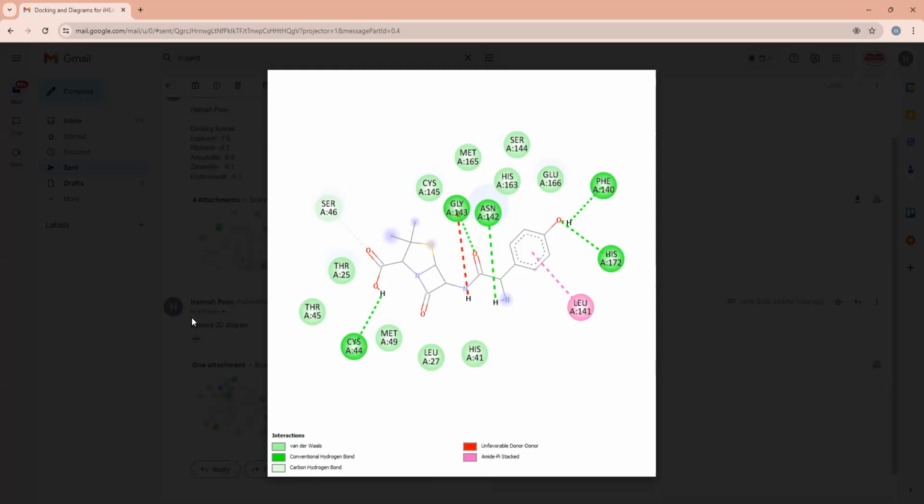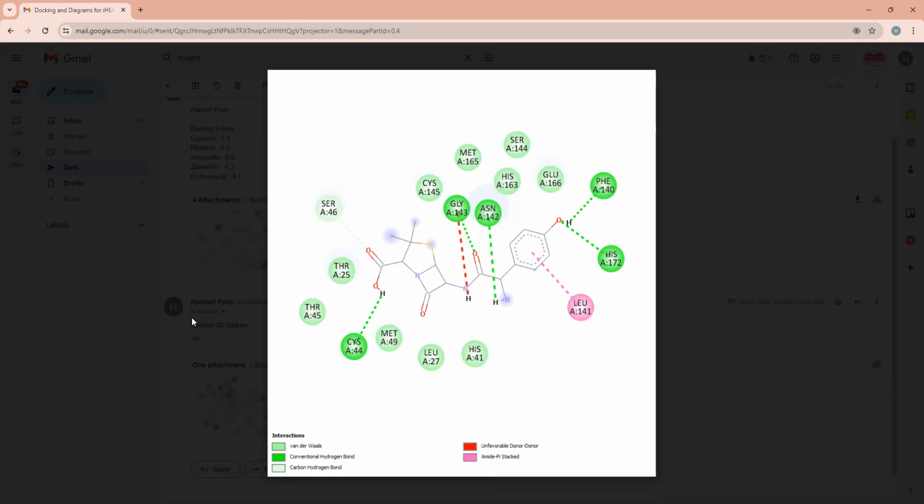if you consider the docking score of amoxicillin and the fact that it interacts with cysteine 145 and histidine 41, it gives you an idea that this could possibly be a potent inhibitor of the enzyme, right? So do you see how we are able to combine the docking score and what we have seen in the interaction to make our decision?